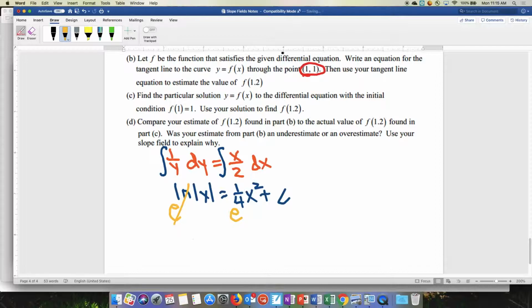Okay, and we have y equals c e to the 1/4 x squared. This is an e. I know, my y looks like it has a mustache or something. Okay, questions to here?